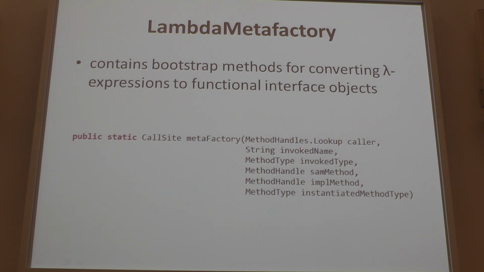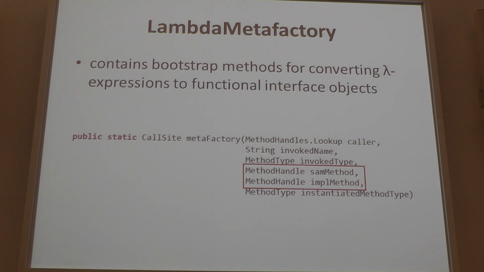There are two methods, but the important one is this one, and it takes a lot of parameters, but the important ones are the ones highlighted. It takes a method handle, that is something in the java.lang.invoke package. It's basically a description of a method signature. It tells what are the types of parameters, how many parameters there are, what is the return type, and I think that's it. Maybe a name is there also.